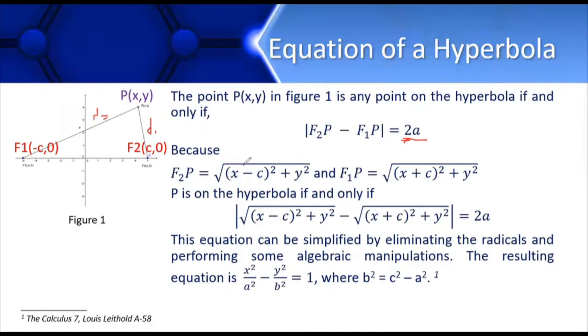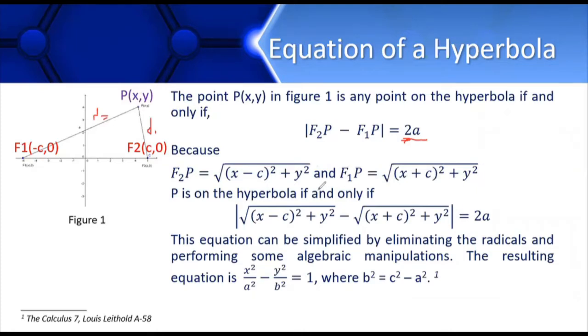Then using the distance formula, so ang F2P, since ang kanyang coordinate ay (c, 0), so magiging the square root of (x minus c) squared plus y squared. Using distance formula yan. Ganun din, the distance F1P is the square root of (x minus negative c) squared, kaya magiging (x plus c) squared plus y squared.